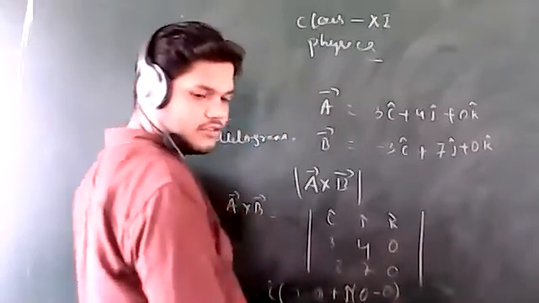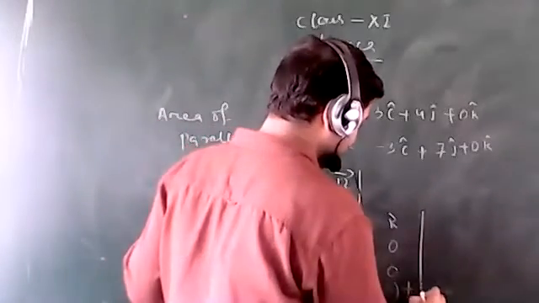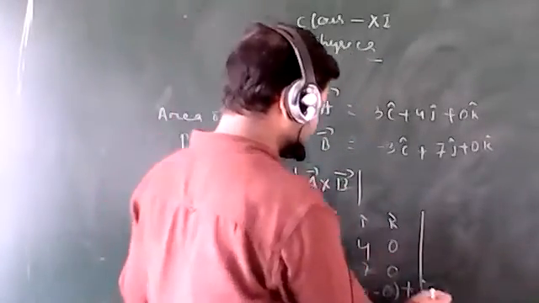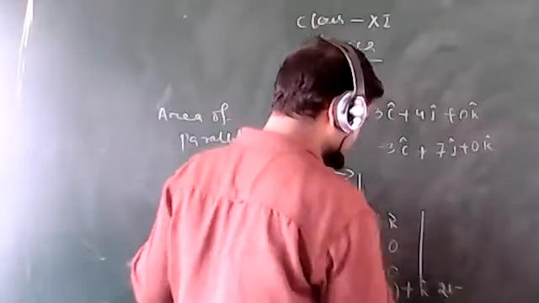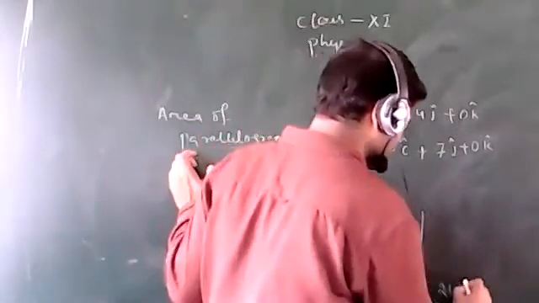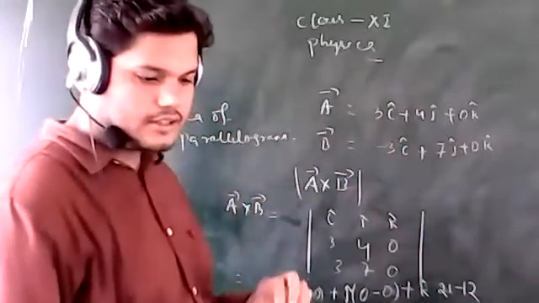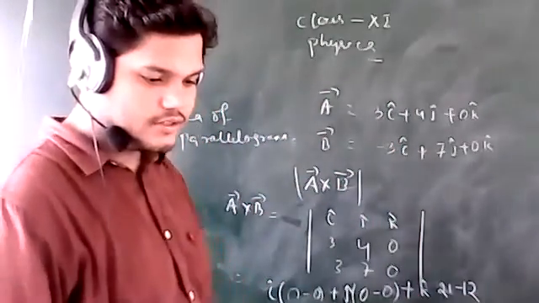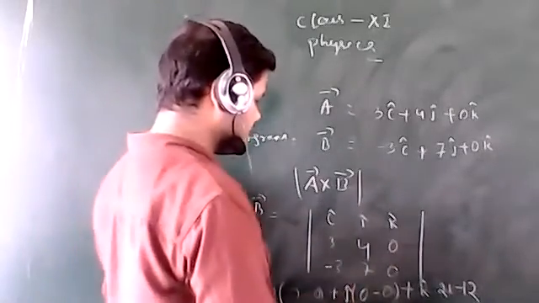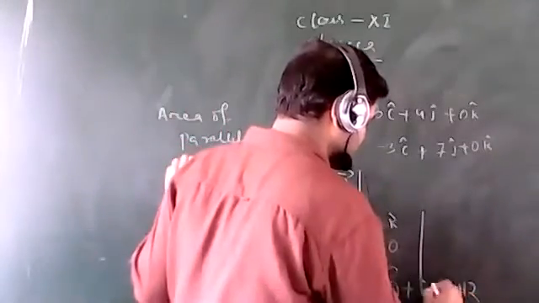Plus K cap into 3 into 7, which is 21, minus 4 into 3, 12. But in the question it is given minus 3 I cap, so 4 into 3 is 12 with a plus sign.